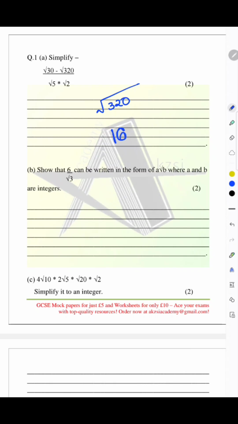So 320 is 16 times 4 times 5, where 4 is 2 times 2. So without prime factorization, I was able to split it into perfect square numbers. Root 16 times root 4 times root 5: root 16 is 4, root 4 is 2, and root 5 stays as it is. It gives you 8 root 5.